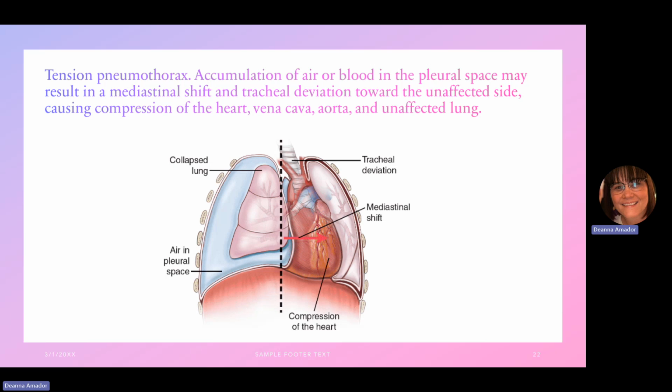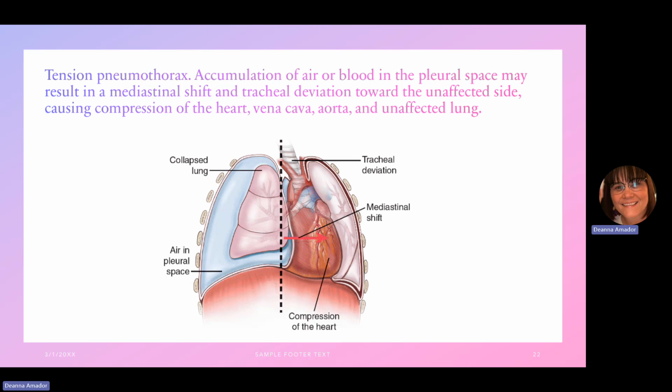It's causing this cardiac tamponade. In emergent cases of tension pneumothorax, a needle decompression is performed to remove the air from the pleural space. They take a large bore, like a 14 gauge needle, and insert it between the ribs, and they remove that air or blood. And then that is immediately followed by a chest tube insertion.